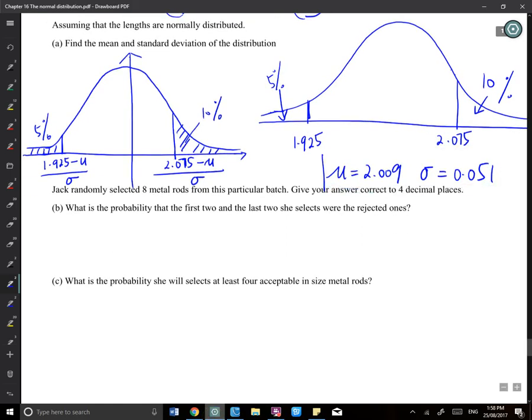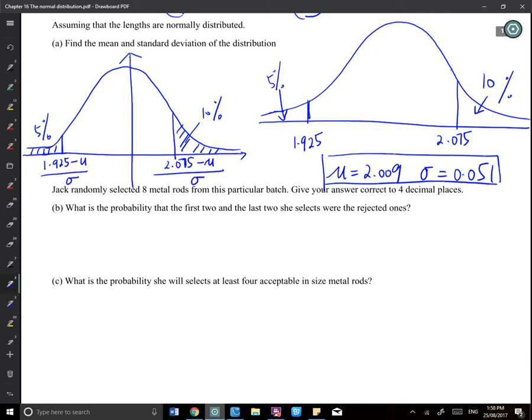Next question. Jack randomly selects 8 metal rods from this particular batch. Give your answer correct to 4 decimal places. What is the probability that the first 2 and the last 2 she selected were rejected ones?